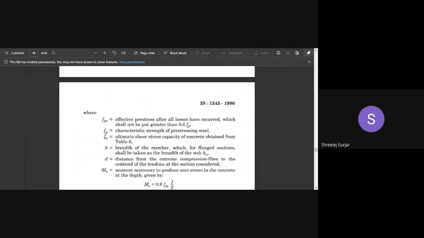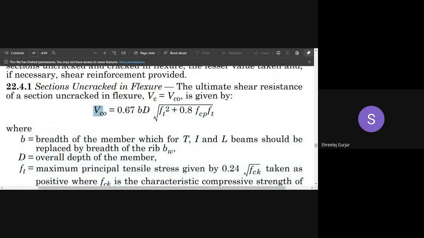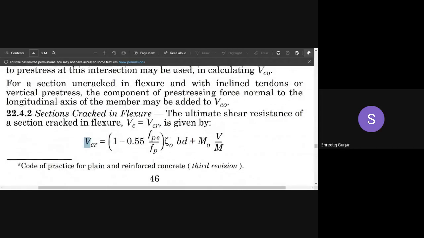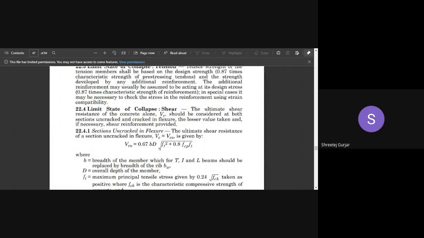You can see here, this is the first formula which we have used in the first numerical. This is the VCO formula, and then in the second numerical we have used this particular formula VCR. No need to remember these. These formulas are already present in your code book, but you should know the page number. Don't sit searching in the exam where it is.